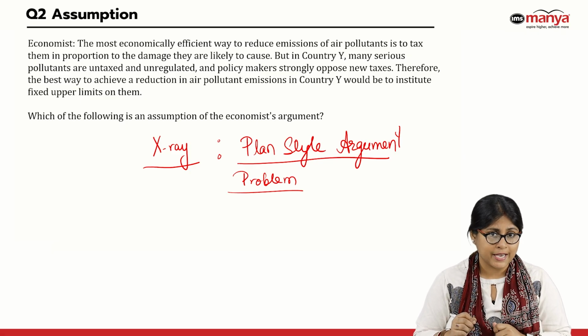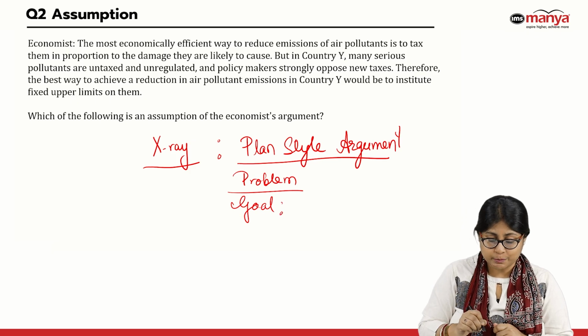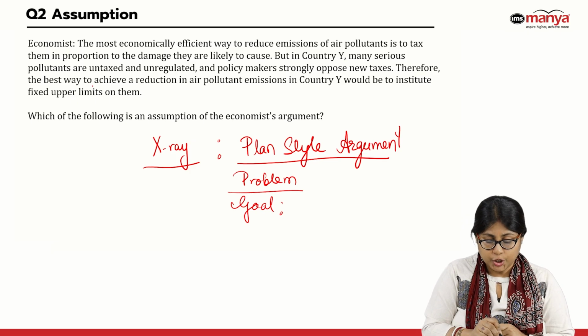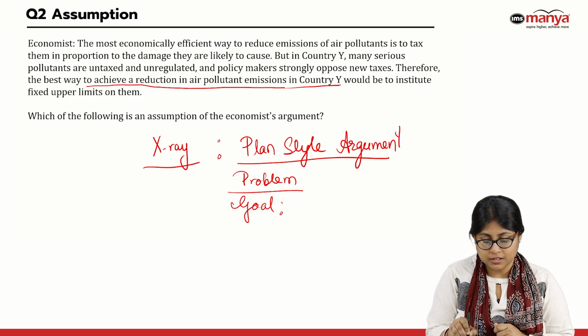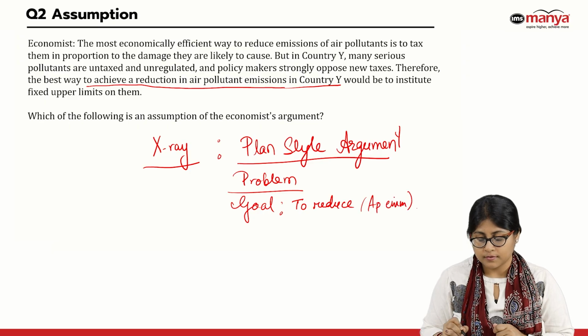They will also talk about a goal they want to achieve. And remember, goals are explicitly stated in the paragraph. To achieve a reduction in air pollutant emissions in country Y, that's your goal. The problem is, of course, air pollutant emissions are too high, and we cannot tax them.